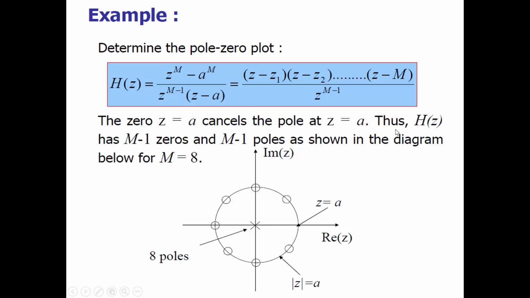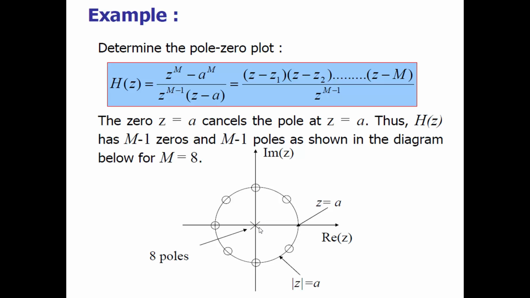So how many poles are there at z equal to 0? There will be 1, 2, 3, 4, 5, 6, 7. So a total of 8 zeros are there and 8 poles. So one pole is cancelled out here, right?